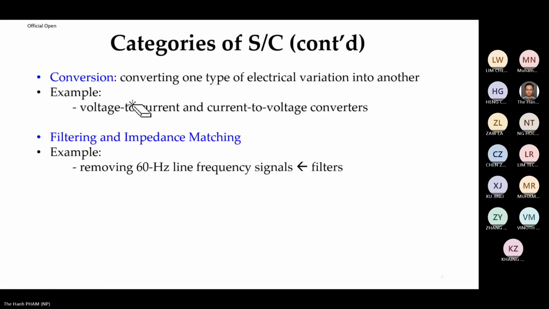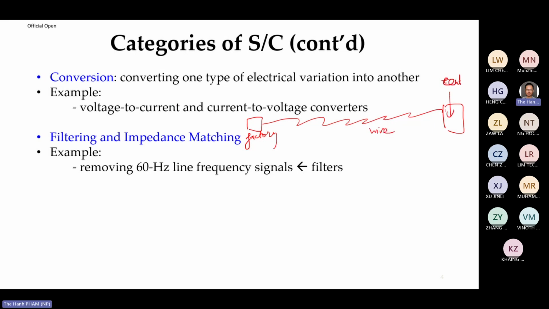Conversion, right? You have to convert one type to another type. Sometimes we need to convert voltage to current, or current to voltage. Why? Just one example. Suppose this is your factory, and you need to transmit the signal by wire quite far away to a center.